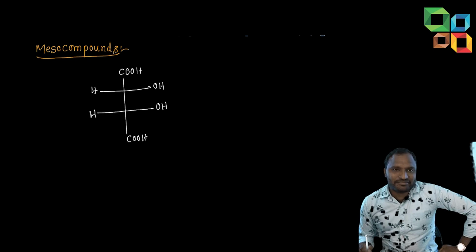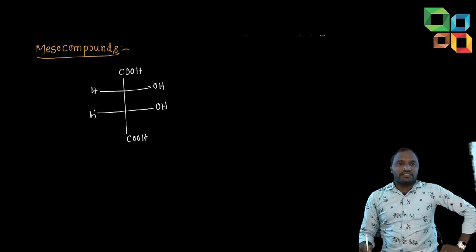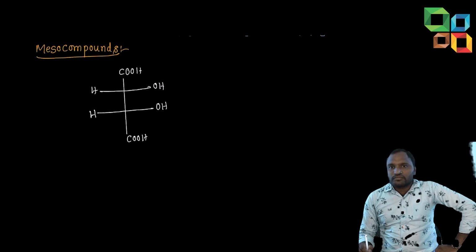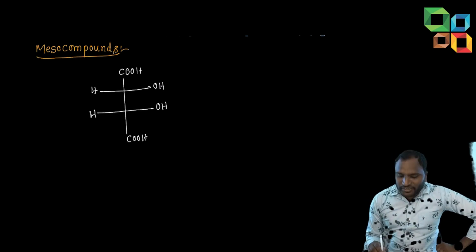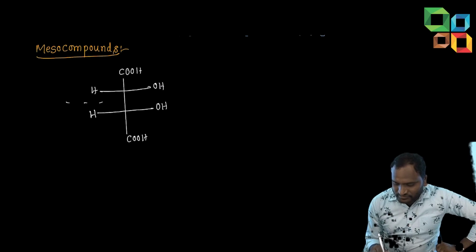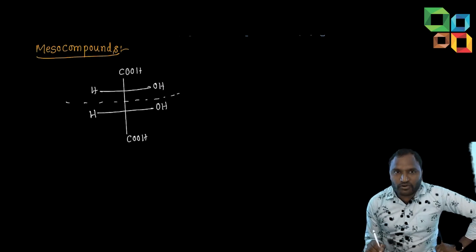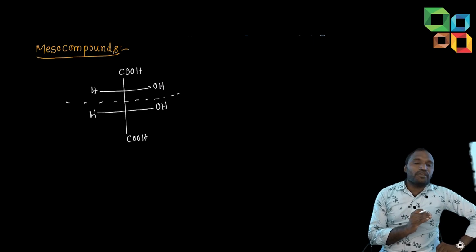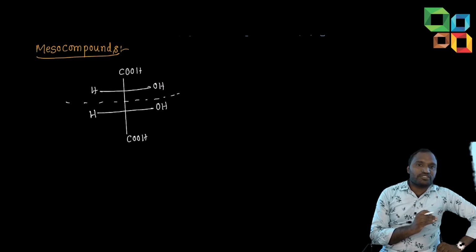The horizontal line through the axis. That is the plane of symmetry. Yes, I got it, Chinmay. Here, a plane of symmetry exists. Compounds in which a plane of symmetry exists are optically inactive. These are called meso compounds.